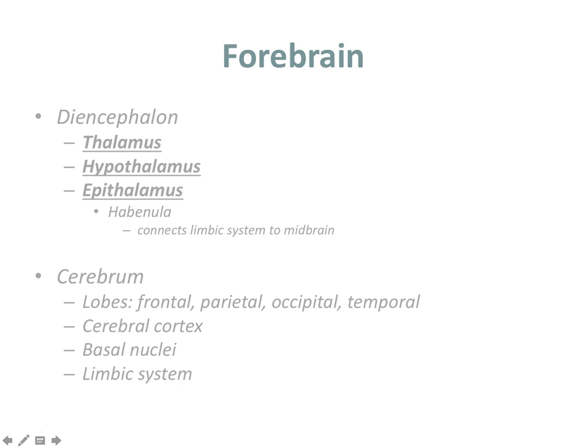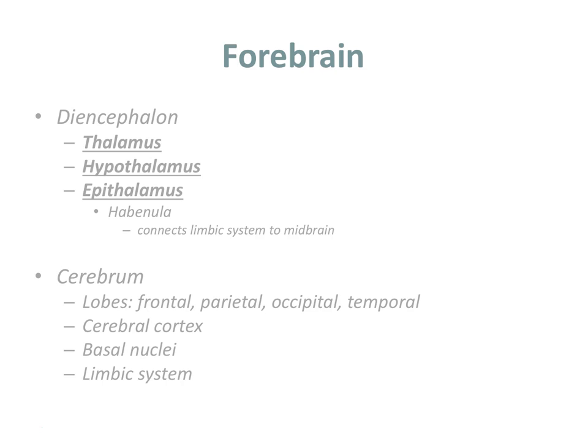The forebrain includes both the diencephalon and the cerebrum. The diencephalon is 3 structures that all have similar names. There's the thalamus, the hypothalamus, and the epithalamus. The epithalamus includes the habenula, which connects the limbic system to the midbrain.